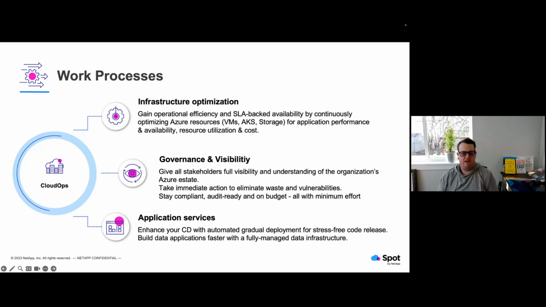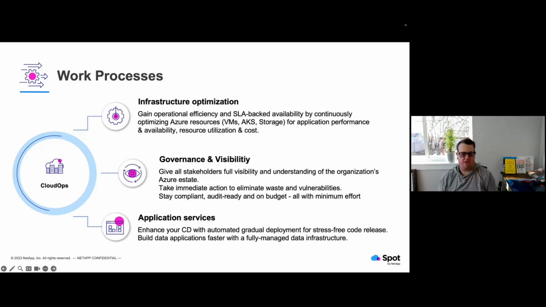Governance and visibility, again, we give that full visibility and understanding to your organization's Azure estate, allowing you to take immediate action to eliminate waste and vulnerabilities and stay compliant, audit ready, and on budget while reducing the administrative overhead needed to do all that and giving time back to your teams to allow them to develop and release faster and put enhancements into your application.